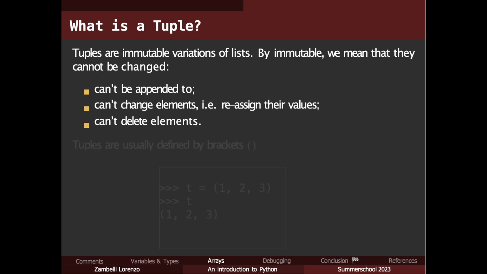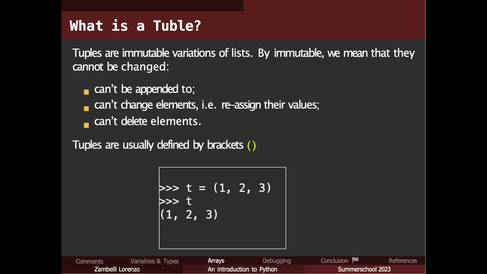What is a tuple? As I said before, a tuple is the immutable, unchangeable variation of list. What does it mean? Immutable basically means that we cannot append to it, so we cannot make the tuple larger. We cannot change the elements, so we cannot reassign the values of the elements, and we cannot delete elements.